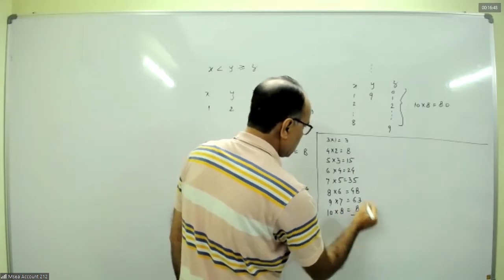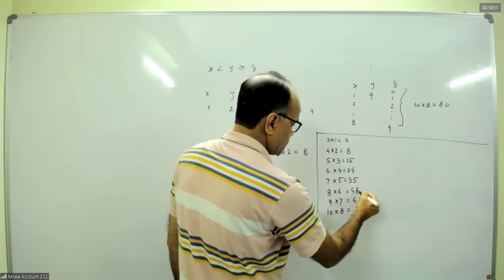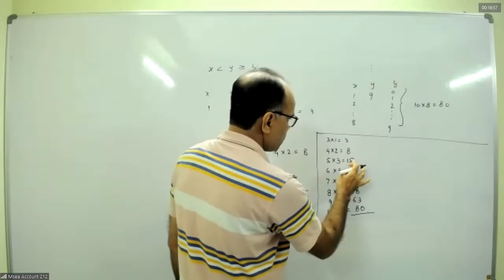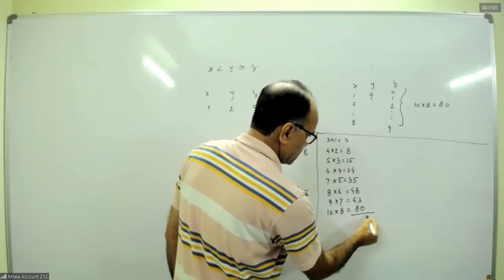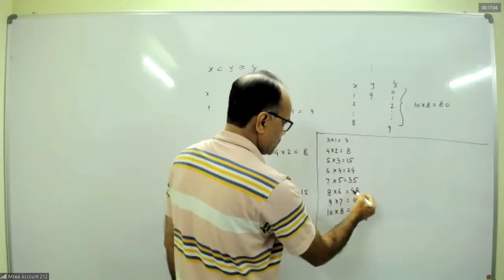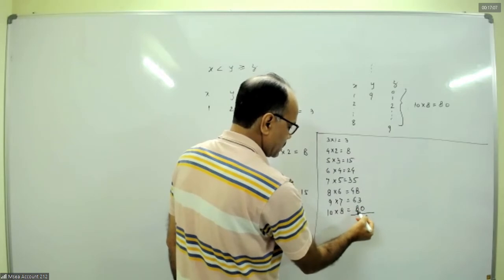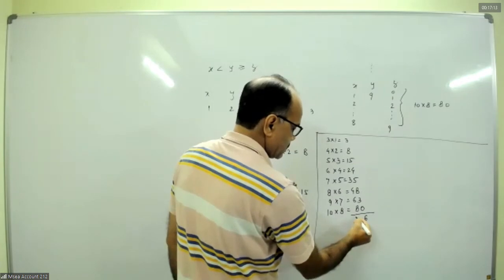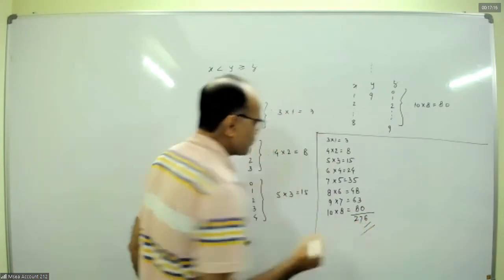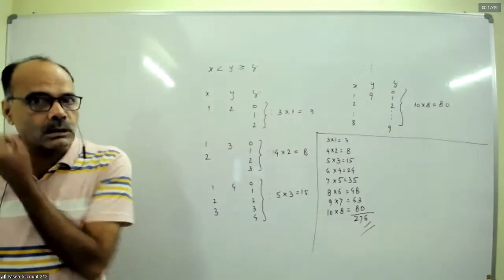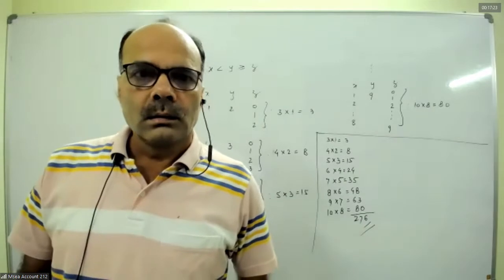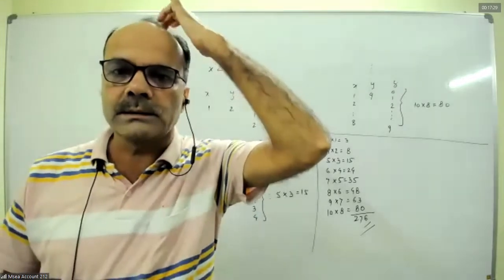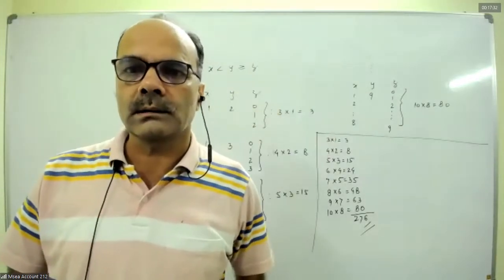Total 276. Just based on counting, these are the total number of 3-digit numbers XYZ in which X is less than Y, and Y is greater than or equal to Z.